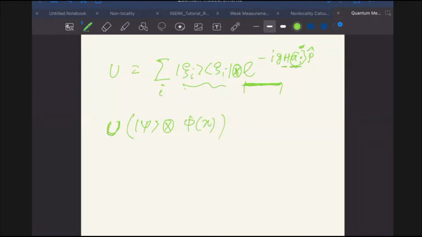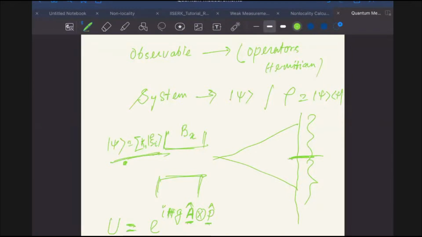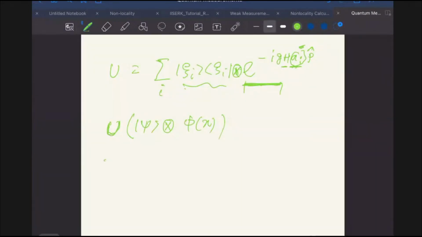Okay. And also, as you have seen, I have written this psi in the eigenbasis of that operator which I am measuring. So this is the eigenbasis, right? So let us replace this then. Then U, some, let us write alpha I here. That is AI, this is alpha. So some j, this and cross phi x.